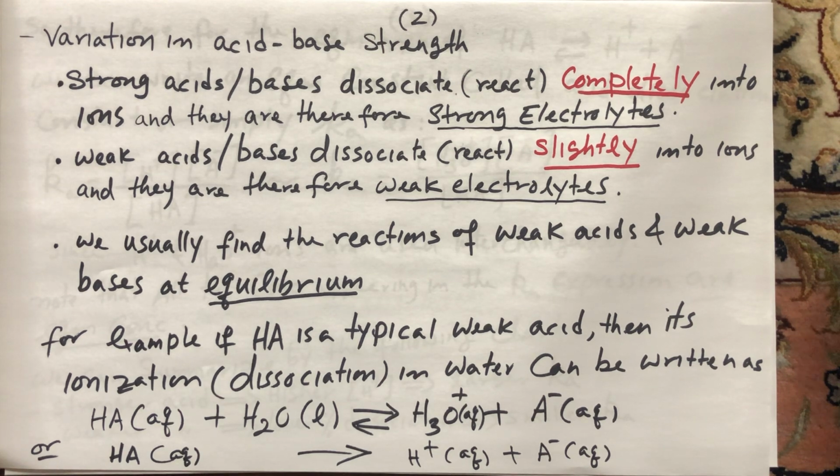Or from now on, instead of indicating the water in the reaction, we just simply ignore it and we just write it as a complete dissociation reaction without the presence of water. But it's implied that water is there. So we can write this as HA going to H plus and A minus.